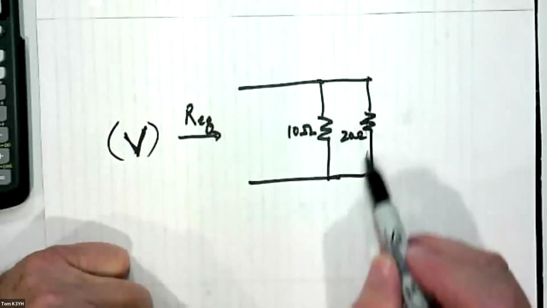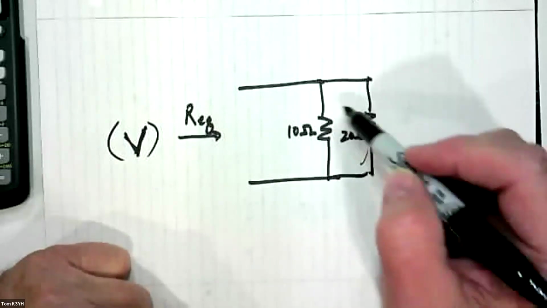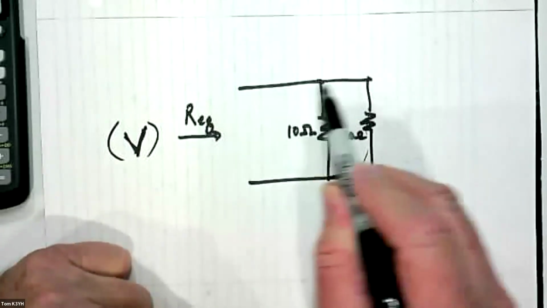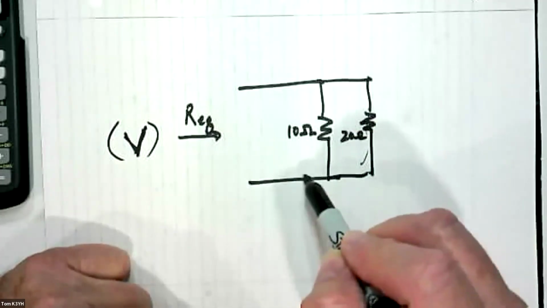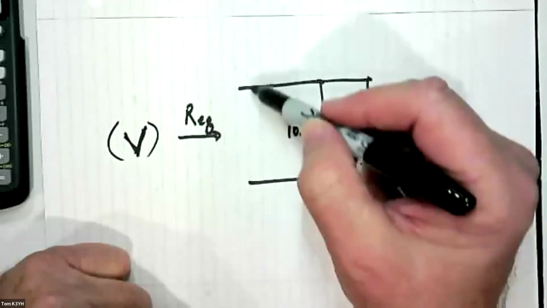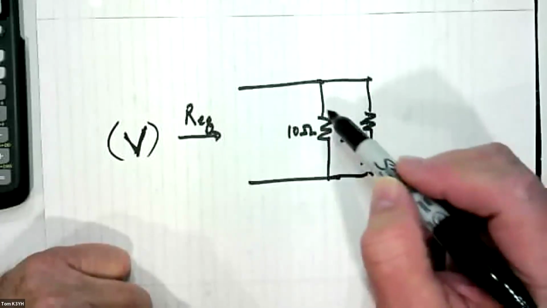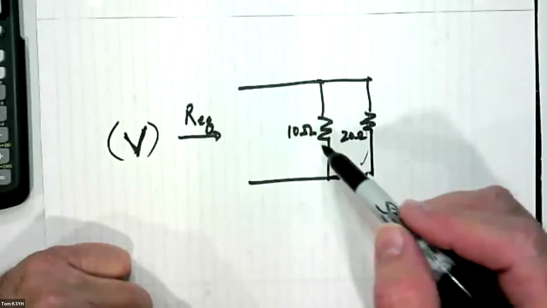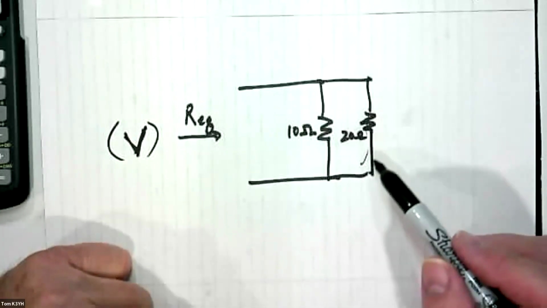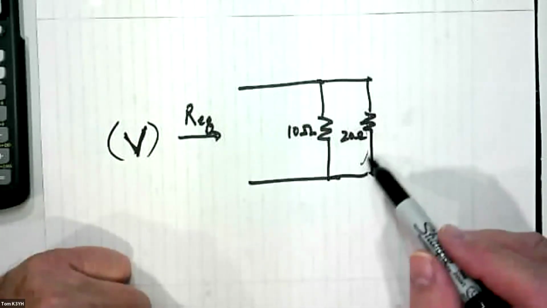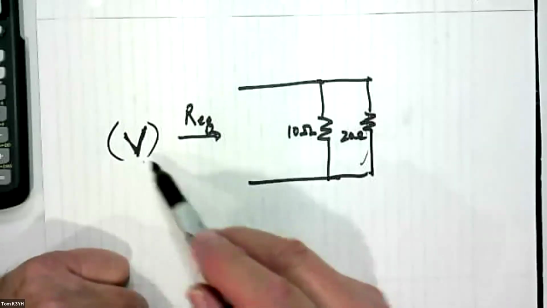So by adding another resistance, I'm going to have more current flowing through the circuit. I've already got my current going through the 10 ohms, and that doesn't change because it's only dependent on the voltage out here. So that current is that current. When I add another resistor, it's going to draw its current for I times R to give you that voltage.